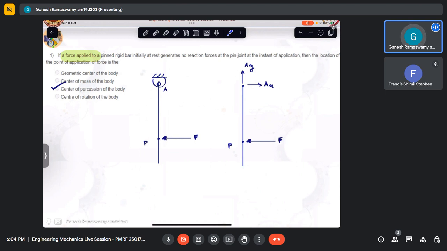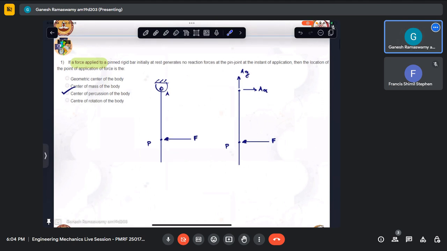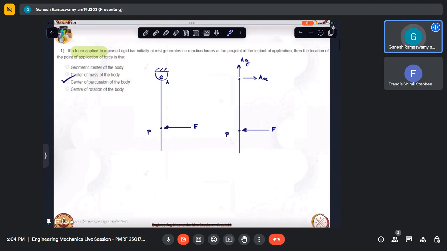This special point is called the center of percussion of the body, where it does not generate any horizontal force. So essentially there will be no reaction here.